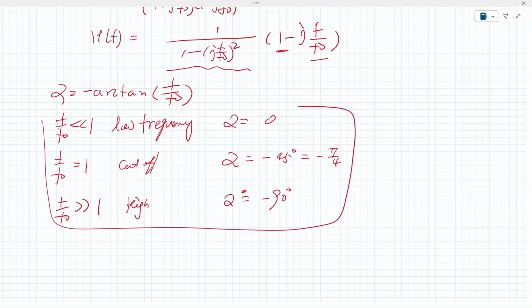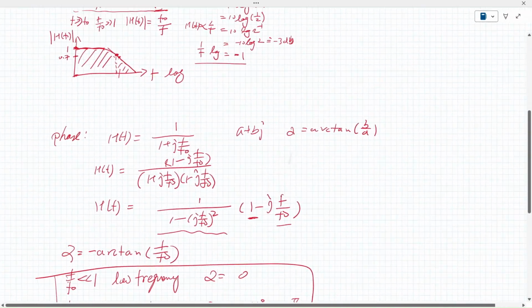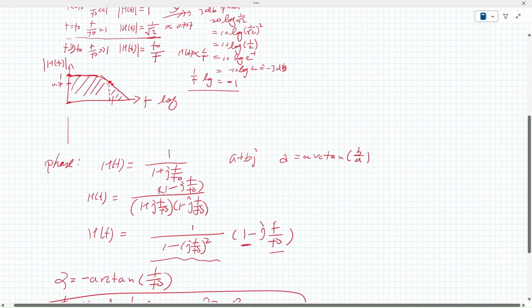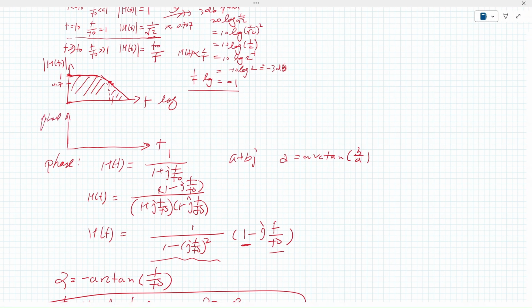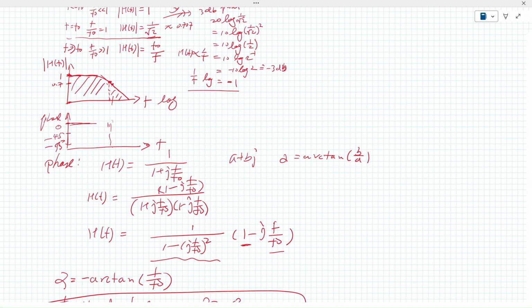Okay, so this is the phase, and combining this with the amplitude information here, we can draw the phase diagram here. We have f, the frequency, and the phase, and we have 0 degrees, minus 45 degrees, and minus 90 degrees here. Okay, and below the cutoff frequency, we have a 0 phase change like this.